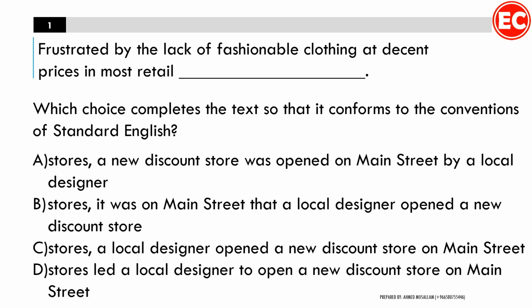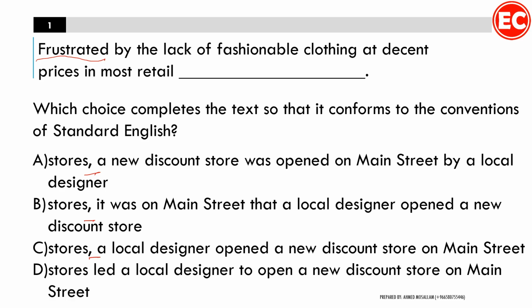Now, try this. Frustrated. So you may have a sentence starting with ing, like the previous question, or with ed, like frustrated. When you have a sentence starting like this, directly it's about modifiers. So you have to take care what comes after the comma directly and ask yourself what or who. Frustrated by the lack of fashionable clothing at decent prices in most retail stores, we have a comma after stores.